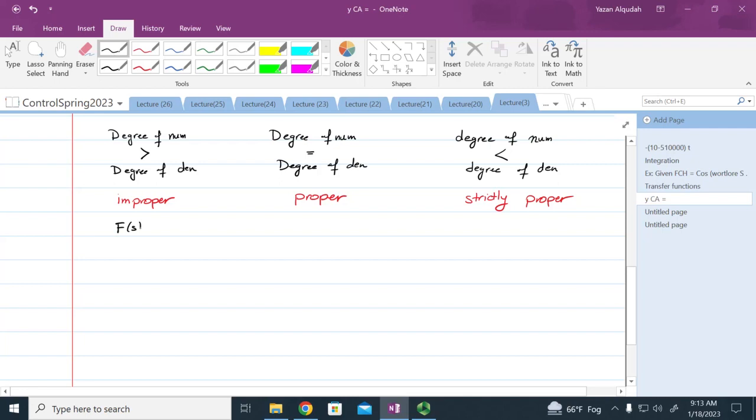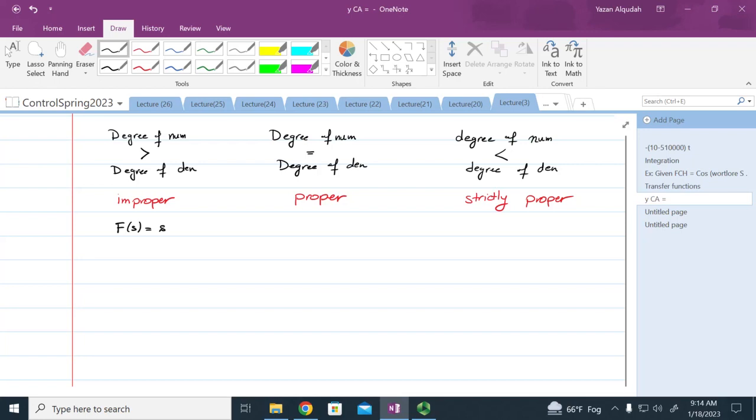F of s equal to s. The degree of the numerator is greater than the degree of the denominator. What is the f of t of this?